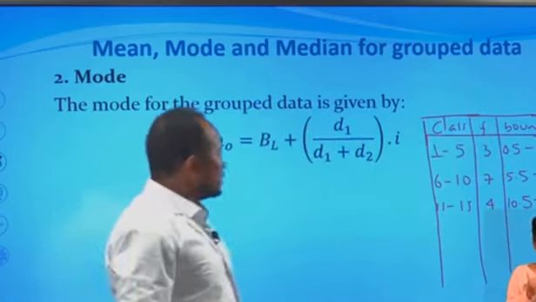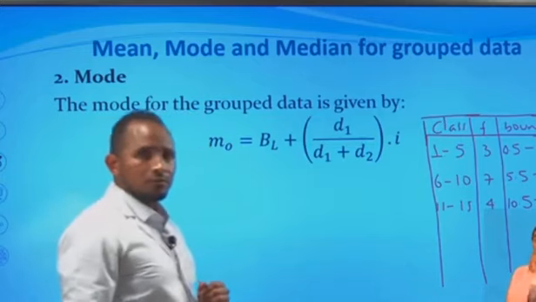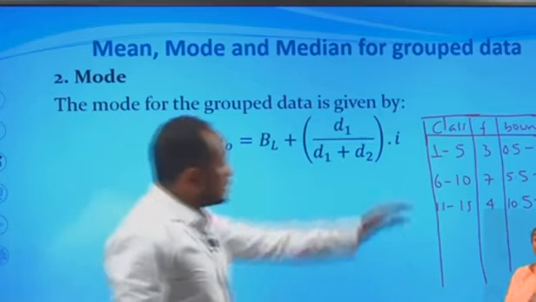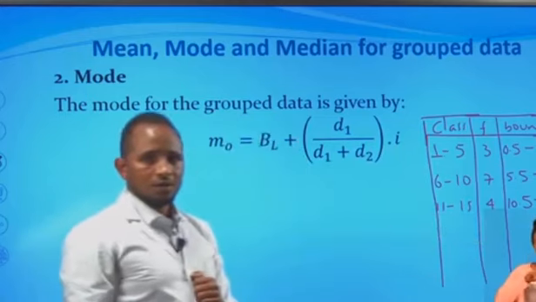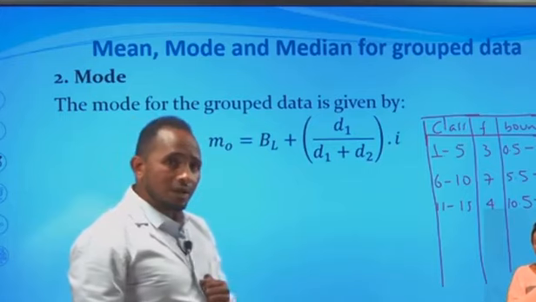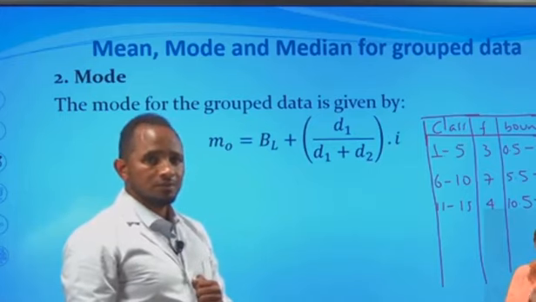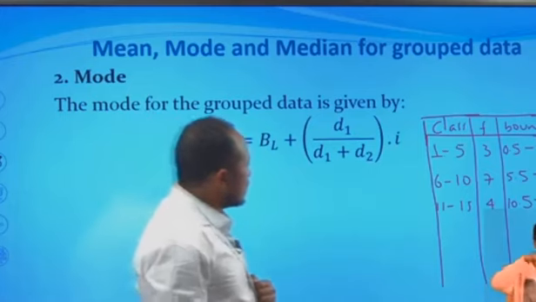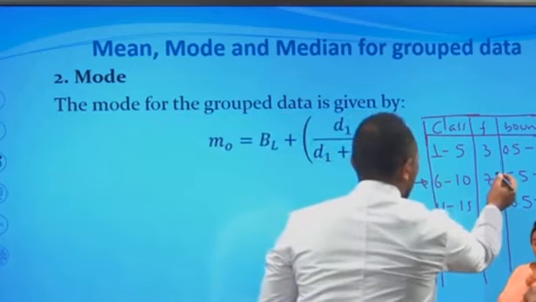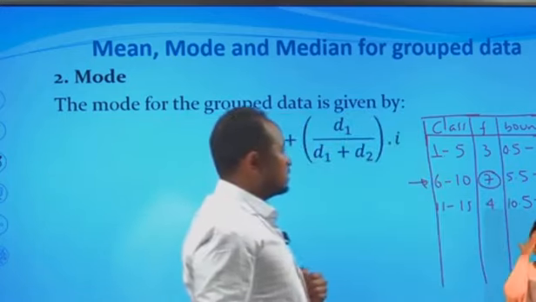Now to calculate the mode, first you need to find the modal class from this set. The modal class is the class with the highest frequency. So the modal class is this one because its frequency is 7.